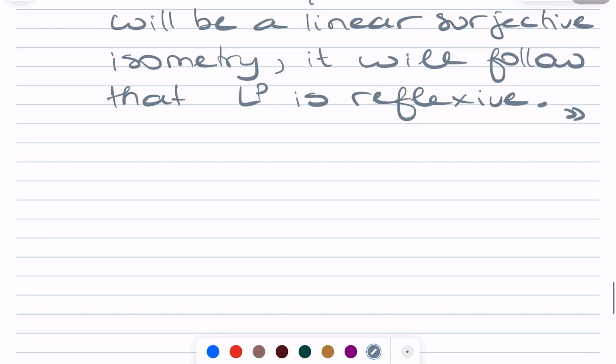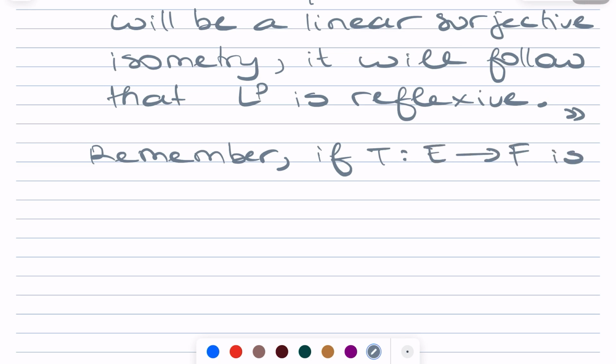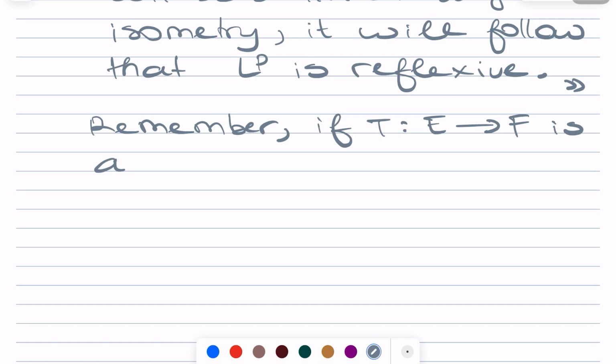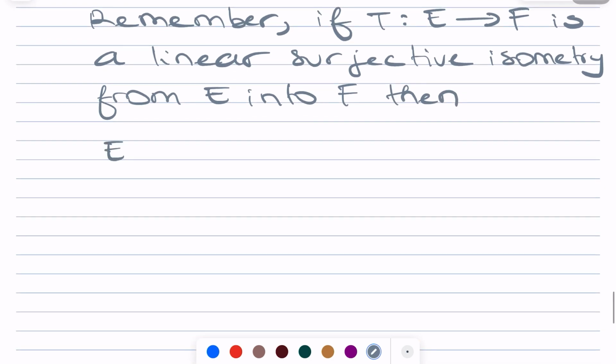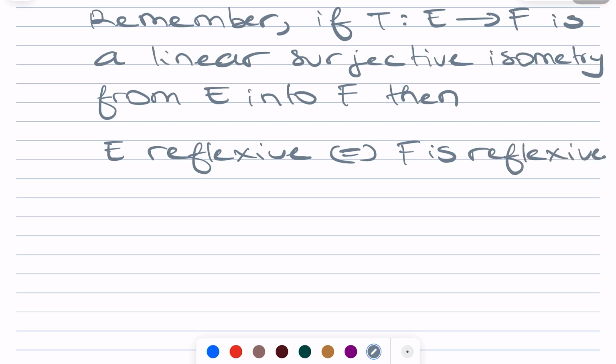Remember that if T is a linear surjective isometry between two Banach spaces E and F, from E into F, then the space E is reflexive if and only if F is reflexive. Okay, so this is actually the proof idea.